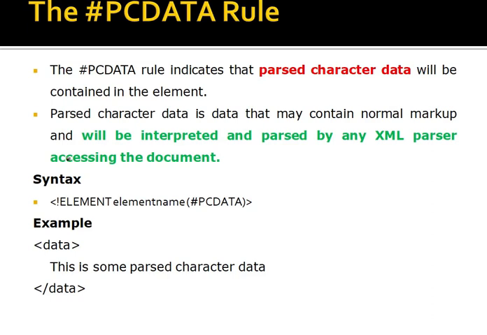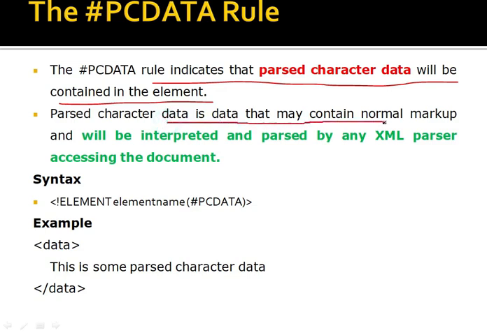Then the third rule is PCDATA. This PCDATA rule indicates that parsed character data will be contained in the element. So the element data will be parsed by the parser. Parsed character data is data that may contain normal markup and will be interpreted and parsed by any XML parser accessing the document.